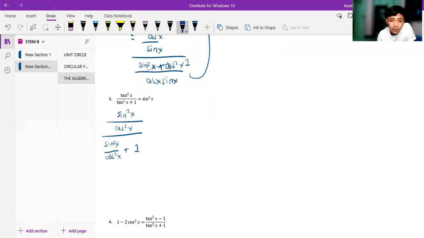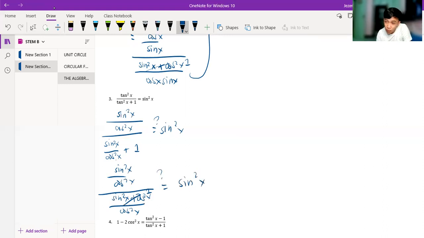Butterfly method. So, sine squared x over cosine squared x over, so cosine squared x times 1 is cosine squared x over cosine squared x. And this is 1. Question mark muna natin. 1 na yung dalawang yan. And then, sine squared x over cosine squared x.